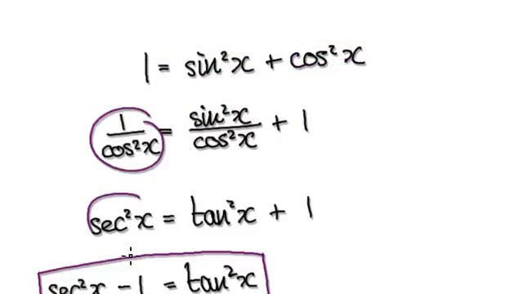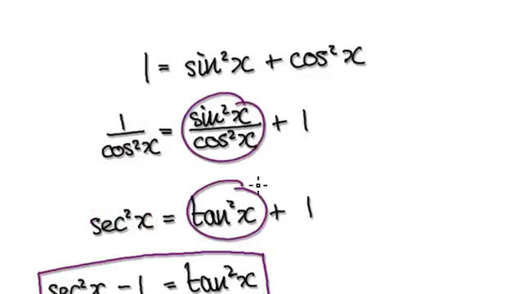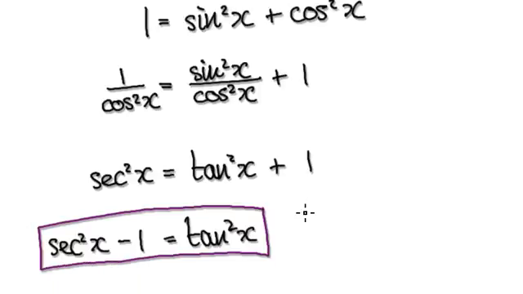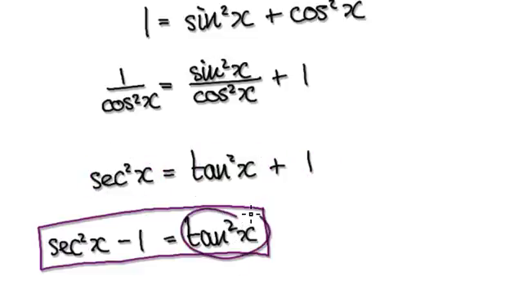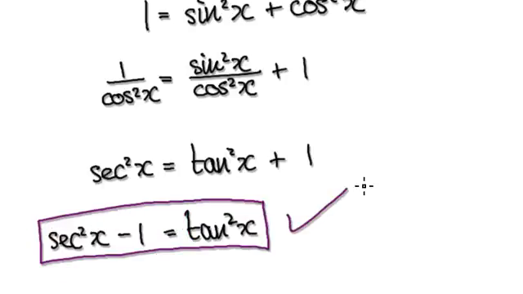Well, this thing here is really secant squared, and then this is really tan squared. This is 1 here. So you can think of tan squared as this, take away this. So basically tan squared is this thing here. So that's our third block done.